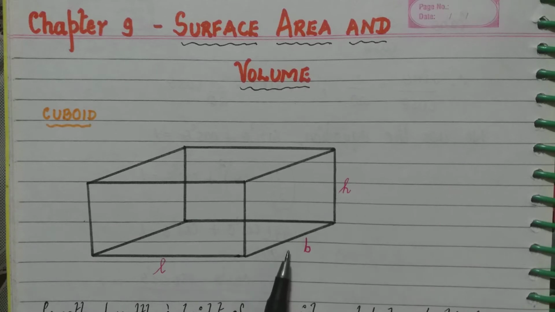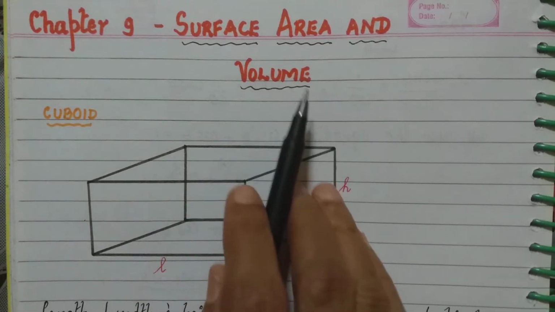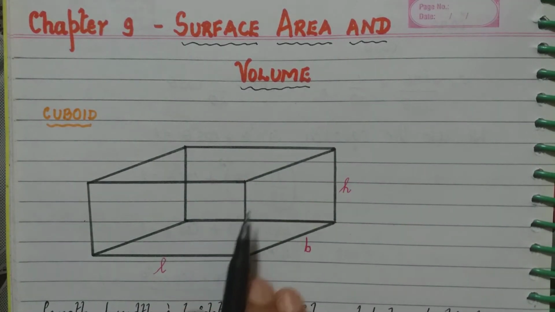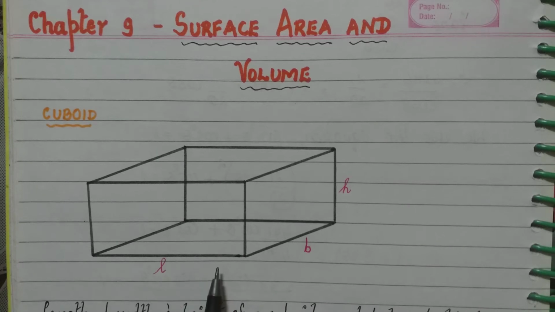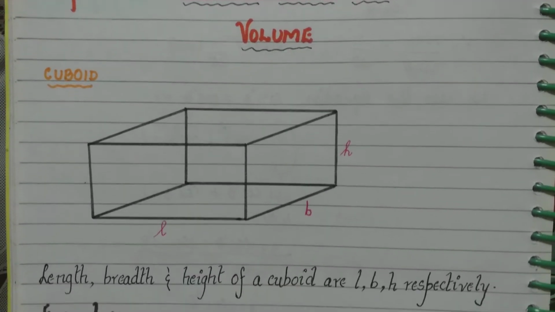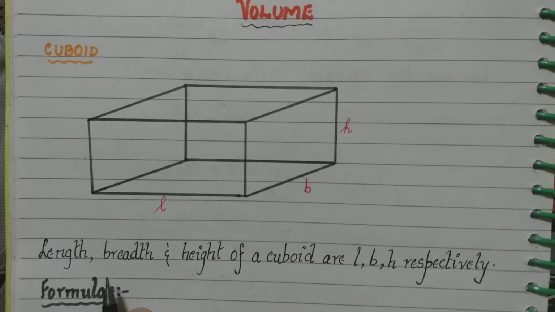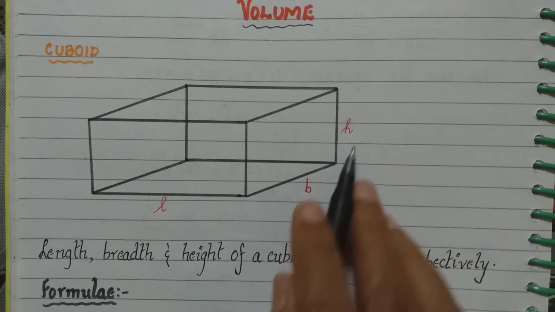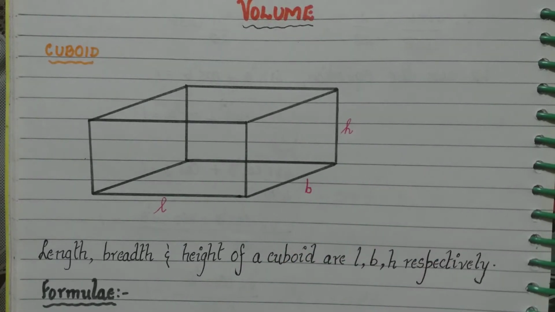So we have done this so that we will be able to find out the surface area and volume of a cuboid from the length, breadth and height. Now see here, we have written the length, breadth and height of a cuboid are L, B and H respectively.